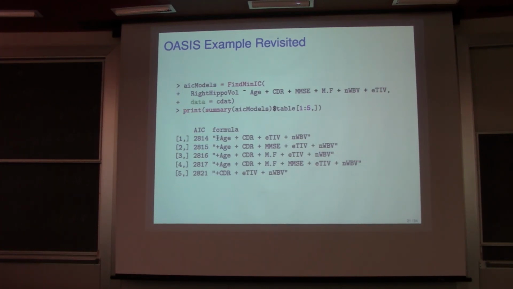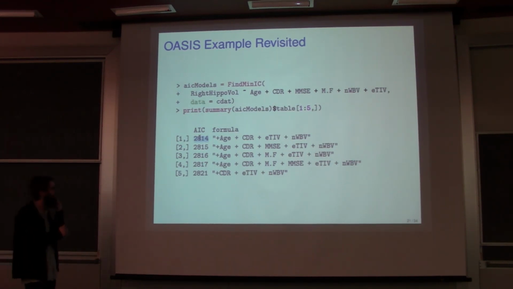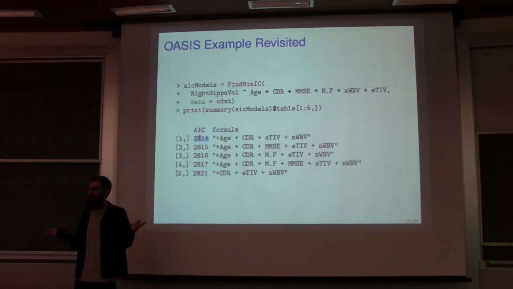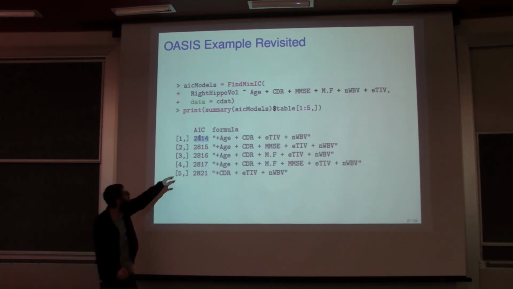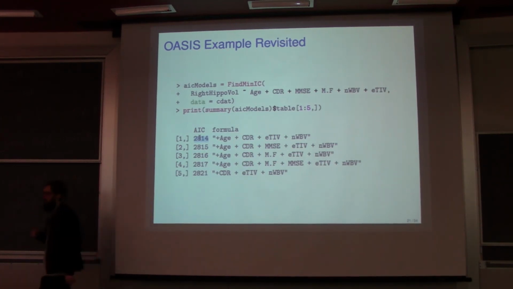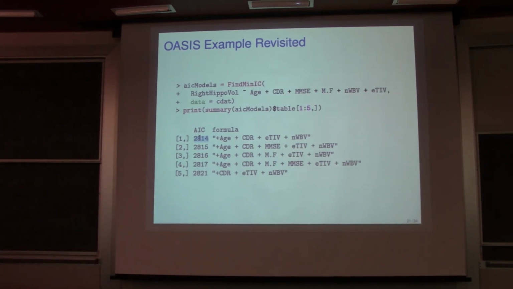So this says your best model includes age, clinical dementia rating, intracranial volume, and whole brain volume. One thing you do have to be careful about is if you have 2 competing models with very similar AIC, choosing the best one is not necessarily a foolproof strategy either. These first 4 models are fairly similar, but with nothing else to go on, you might as well choose the best one you get here.